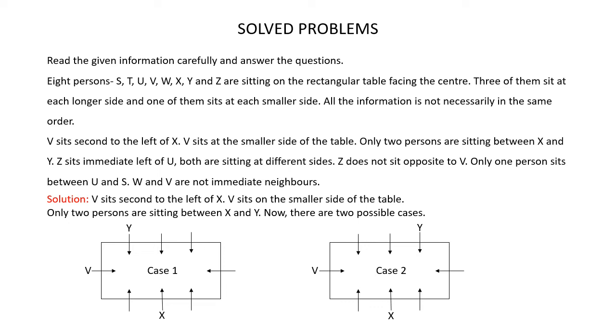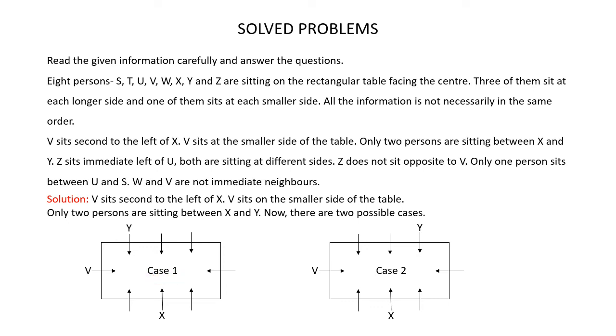It's given only two persons are sitting between X and Y. Now there are two possibilities. These two persons can sit either to the right of X or to the left of X. So if these two persons sit to the left of X, then this will be the position for Y. This is case 1.